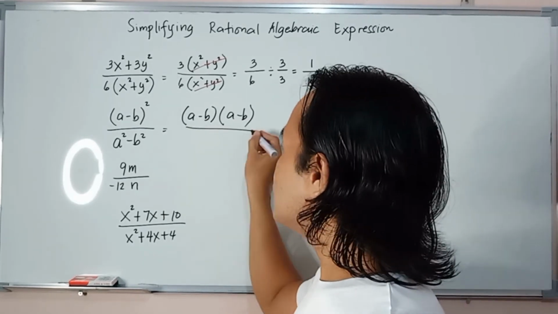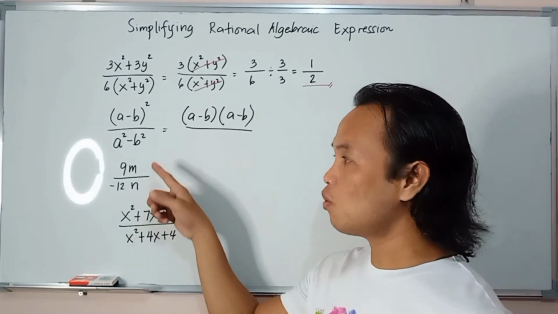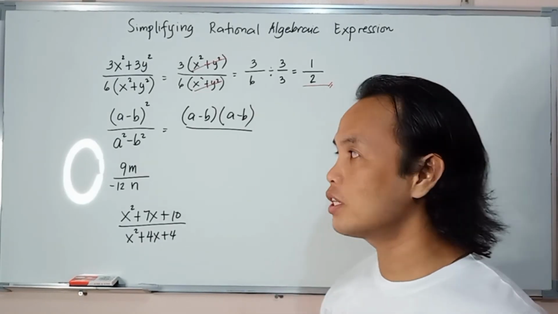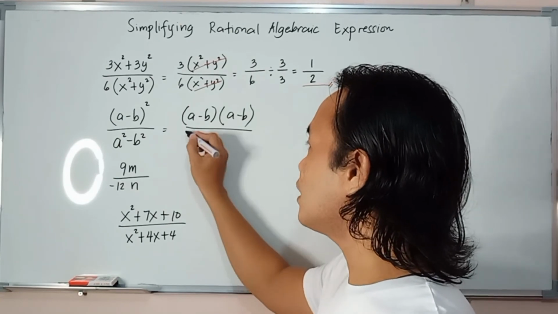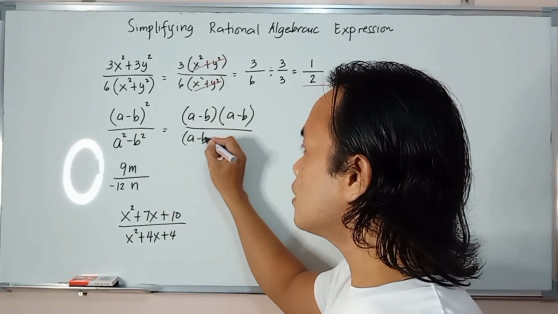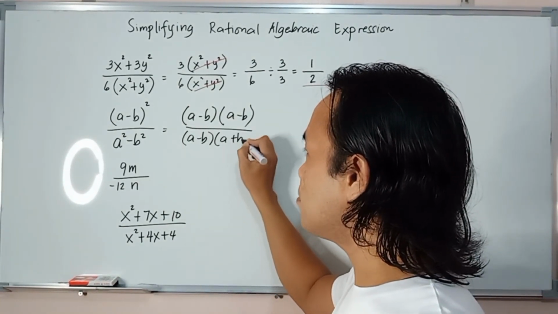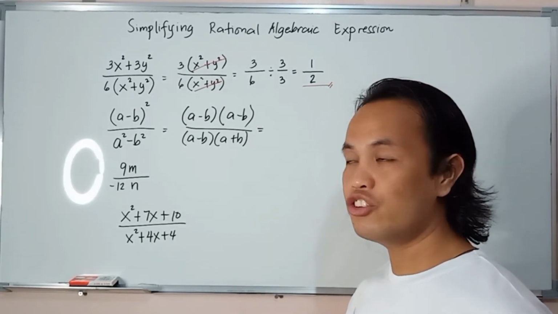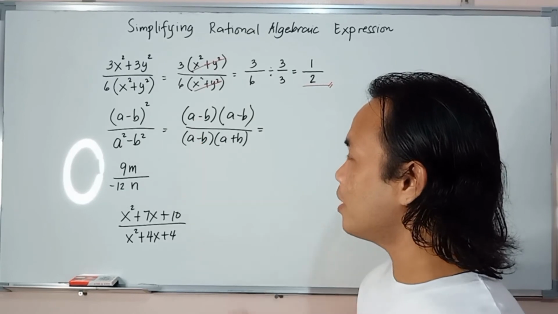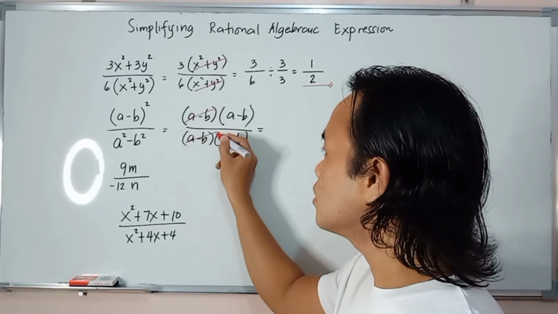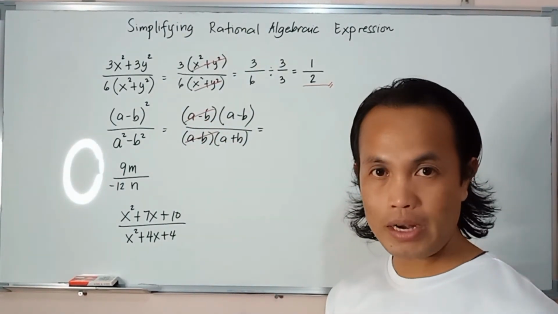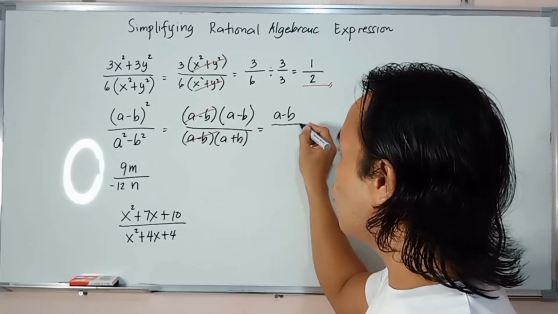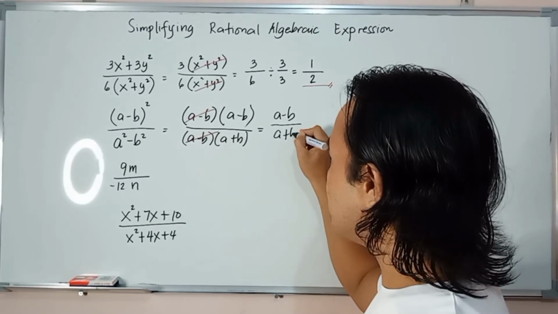With the denominator, since a squared minus b squared is a difference of two squares, we can factor this out by writing a minus b times a plus b. So, cancel out the common factor in the numerator and denominator. We have a minus b and a minus b, so we can cancel this out. What remains in the numerator shall be a minus b over a plus b.